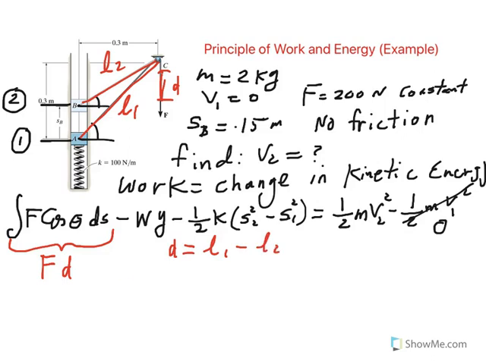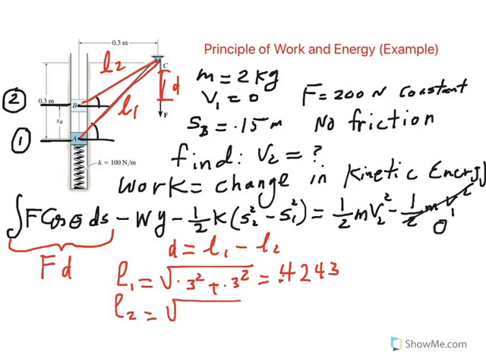And then just using the geometry, you could see that L1 is the square root of 0.3 squared plus 0.3 squared, which becomes 0.4243 meters, and L2 similarly would be the square root of 0.15 squared plus 0.3 squared, which will be about 0.3354, and then the difference of these two, L1 minus L2, becomes 0.0889 meters.